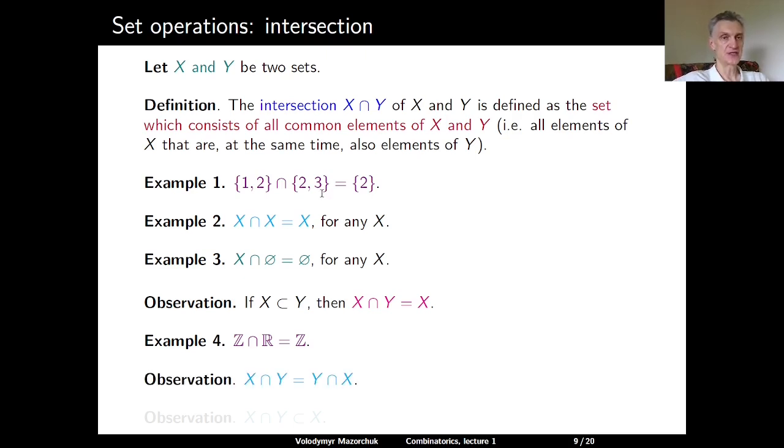Again, the intersection, just like the union, is a commutative operation, so the intersection between X and Y is equal to the intersection between Y and X. And we can also observe that the intersection between X and Y is a subset of X, by definition. Of course, it's also a subset of Y.